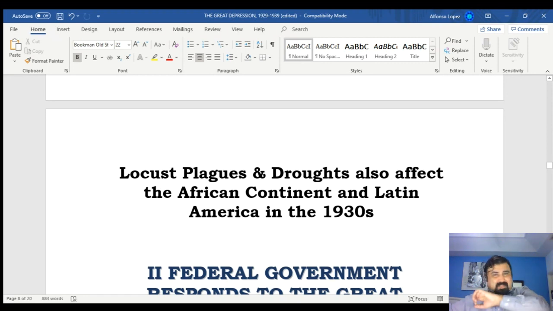They destroy them. They eat all of the food that people are growing. That affected particular areas of the world, like Latin America, which was affected heavily by the locust, and the African continent was also affected.